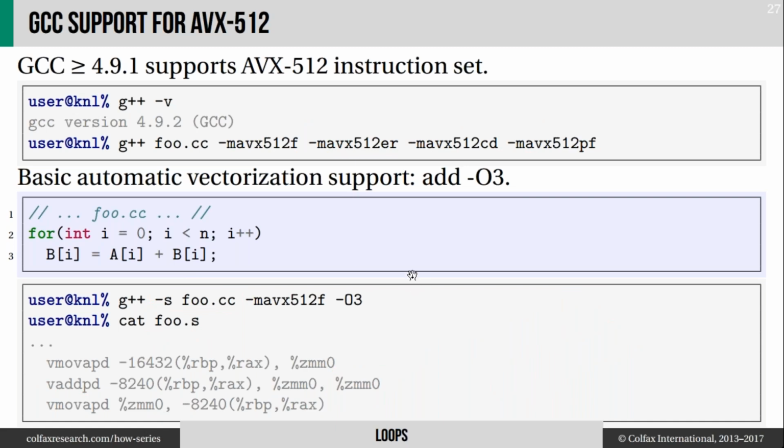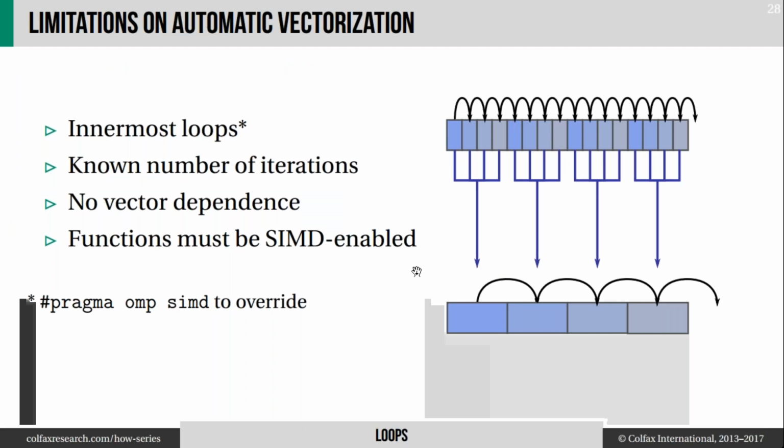All right, so the compiler vectorizes code. What exactly does it look like?